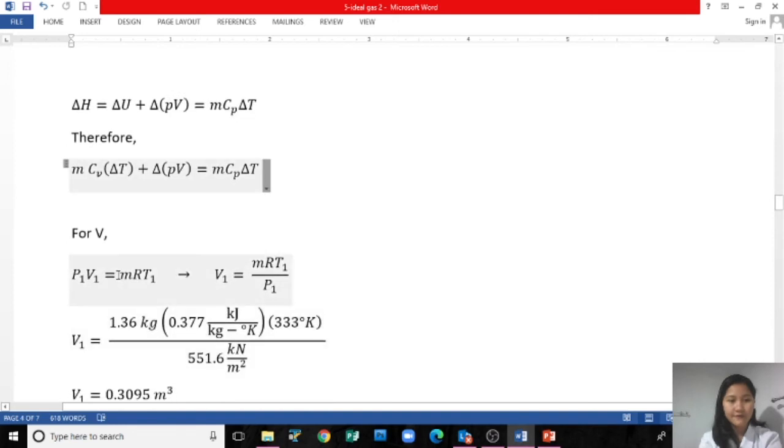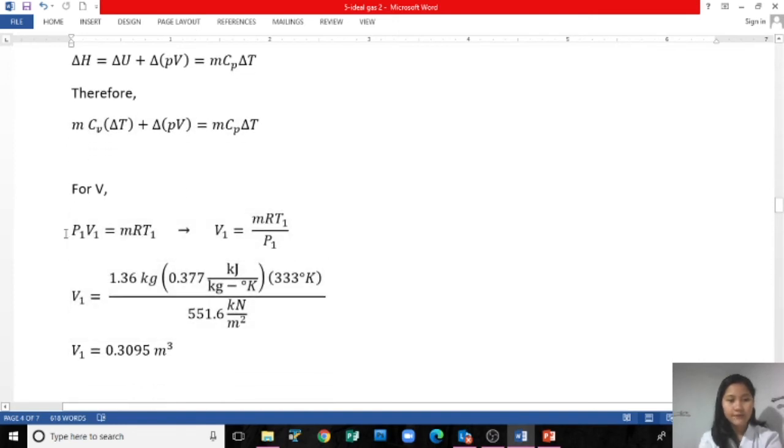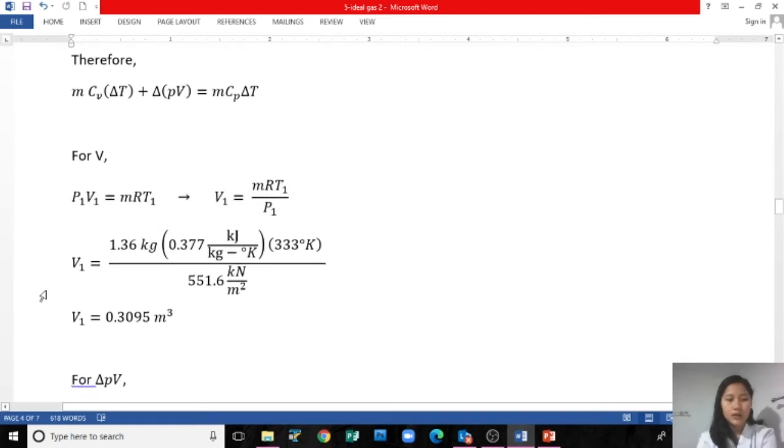Now for the V, we're going to use the formula PV, or the ideal gas law. PV1 is equal to mRT1. Then we transform this formula to find V1, so V1 is equal to mRT1 divided by P1.